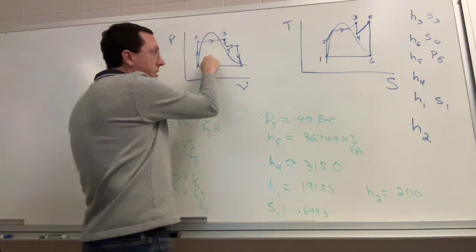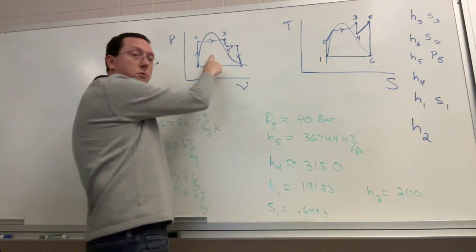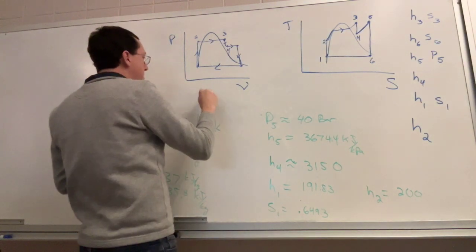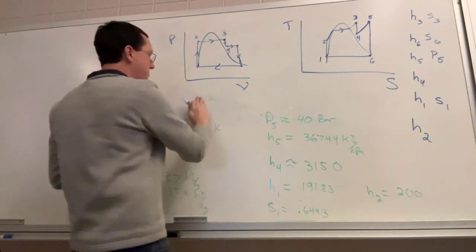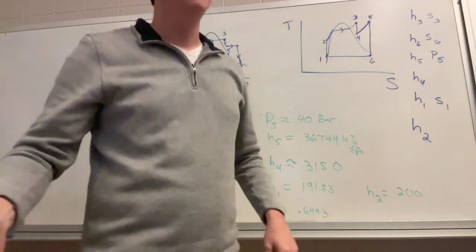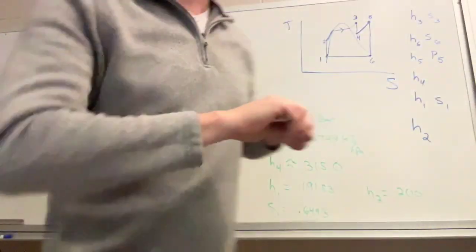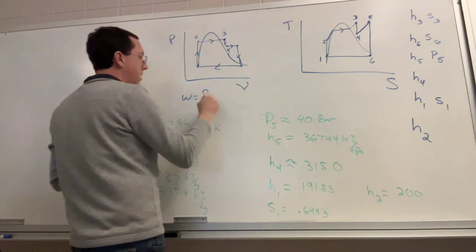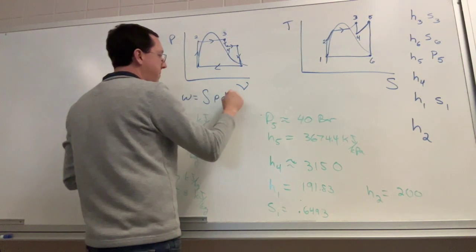As I said, the area of the PV diagram gives you the work, and that came because of the definition of work, the integral of P dV.